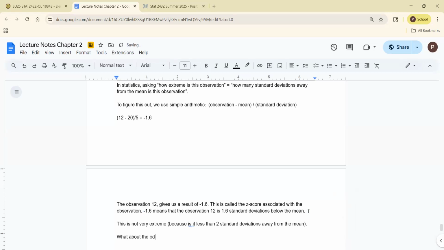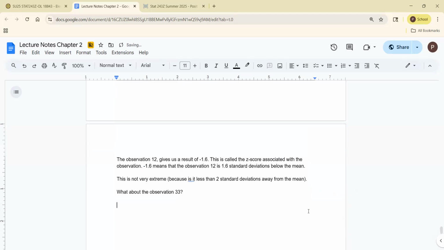What about the observation 33? So let's find the z-score. We take 33, subtract 20, and divide by 5, and we get 2.6. This means that the observation 33 is 2.6 standard deviations above the mean.